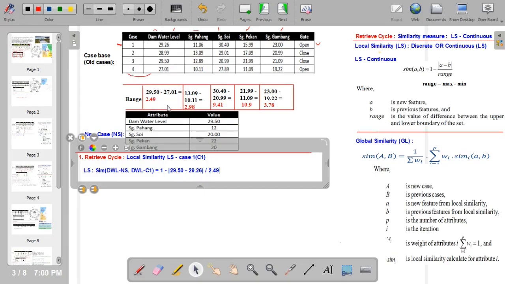Remember, the range value is calculated one time for all cases. So 2.49, and the output value will be 0.904.